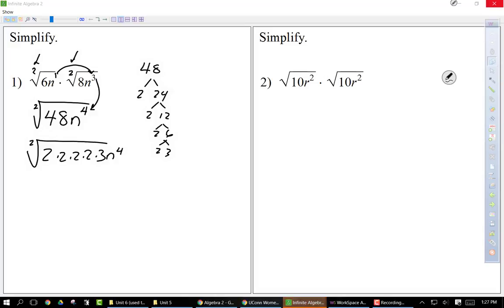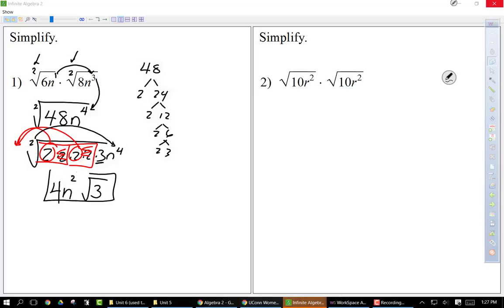Because it's a square, I need groups of 2, then 1 pops, crossed, pops, crossed. So the numbers that pop make a 4. This 3 is going to stay inside, and then how many times does the 2 go into the 4? Well, that's twice. So your answer is 4n squared times the square root of 3.